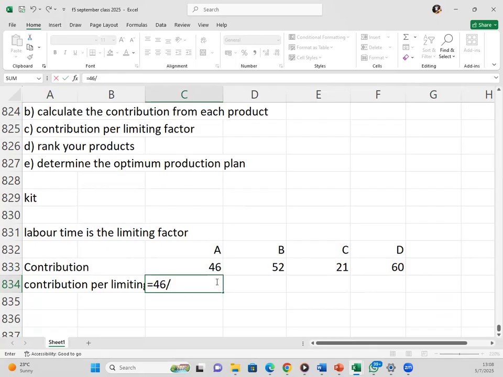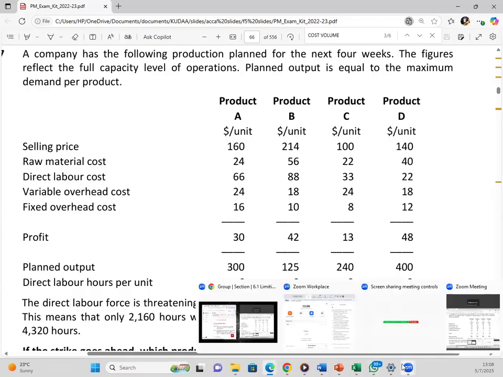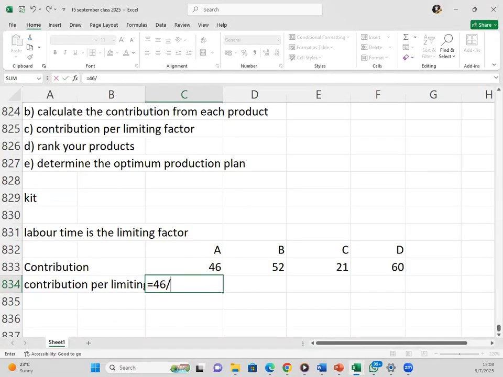But each unit of A requires how many hours of labor? If you go to the question below there, we have the labor time. So each unit of A is going to give you $46, but after using 6 hours per unit. So the first one is 6, the other one is 8, 3, 2.